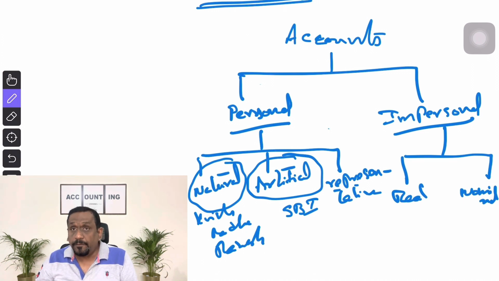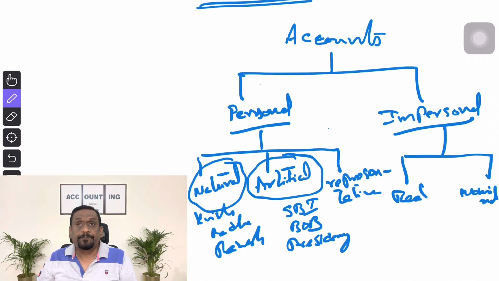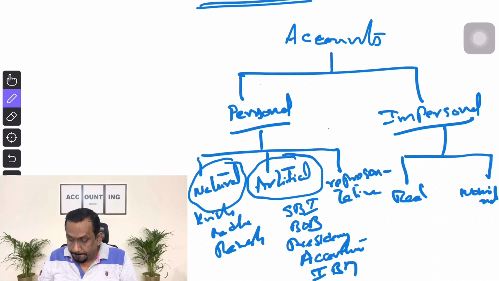Who created State Bank of India? Created by a natural person. Bank of Baroda, Presidency College, Accenture, IBM.